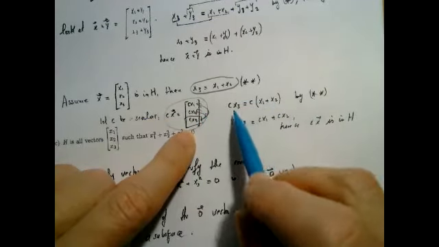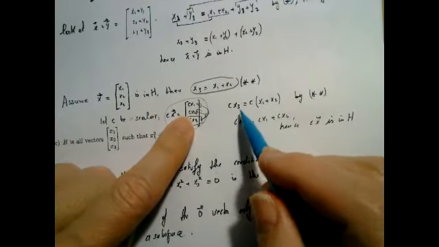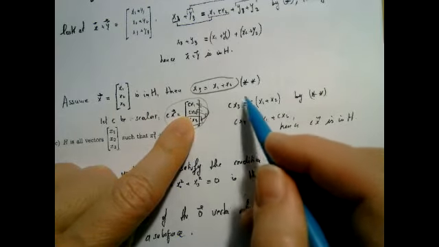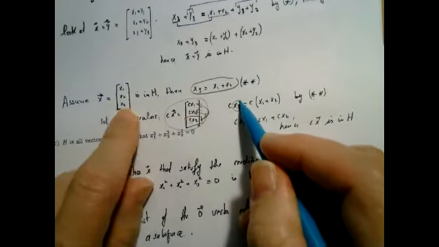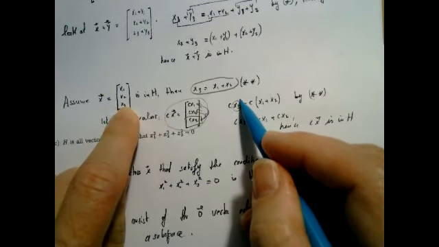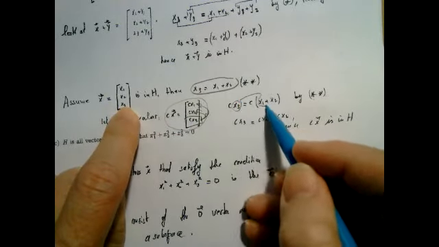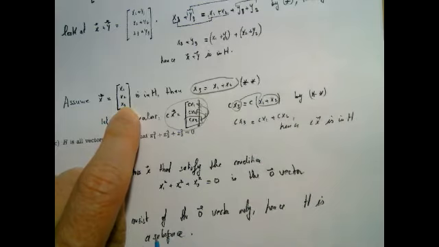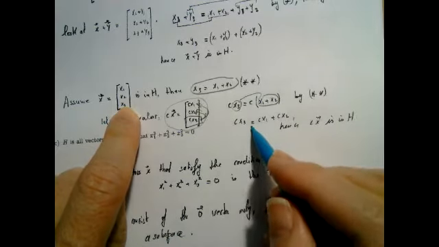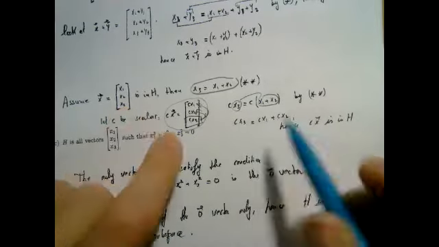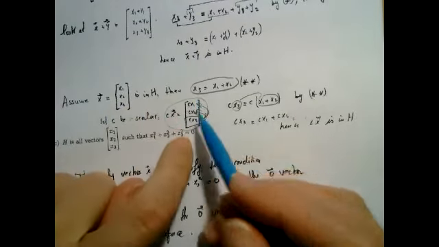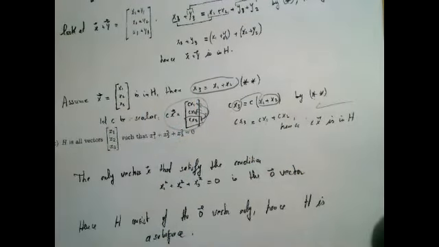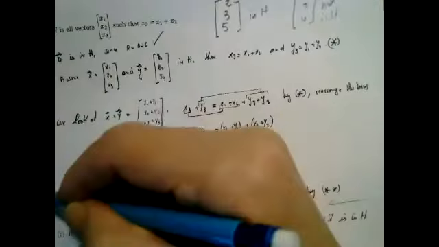Since my starting vector is in H, x3 is the sum of those two. So this is satisfied. It means cx3 is equal to cx1 plus cx2. The third is the first plus the second. Therefore, I am in my subspace. So it's closed under scalar multiplication.